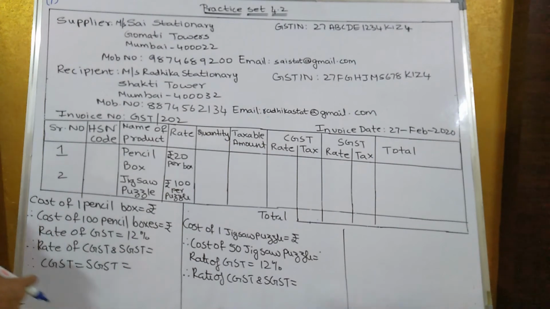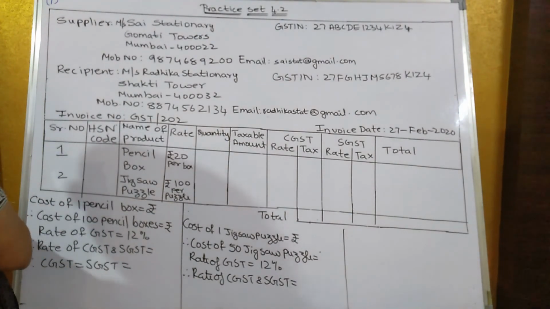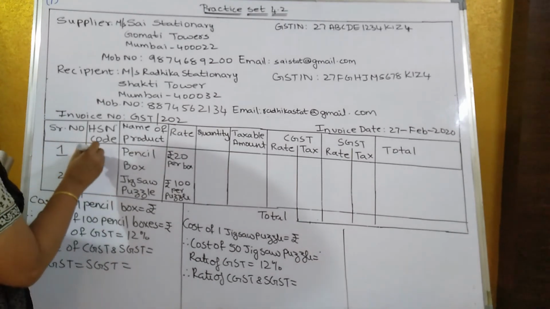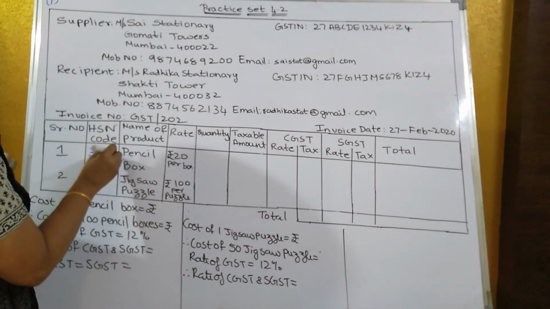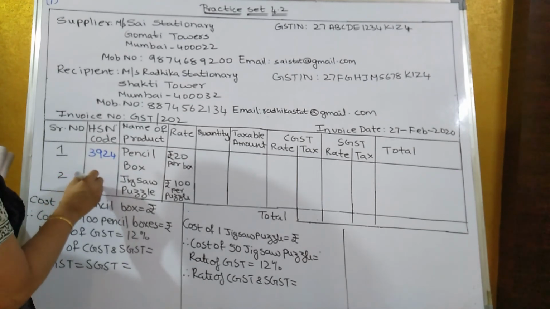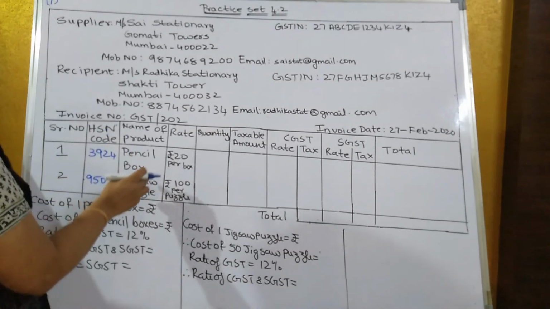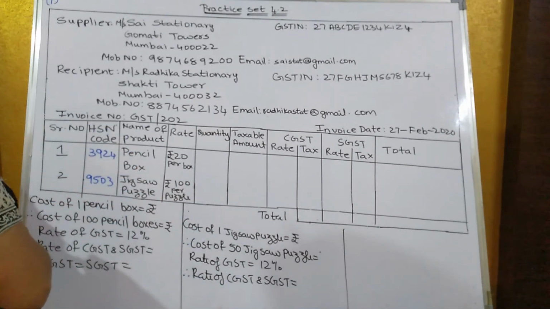Now HSN code, like the previous sum, the HSN code of the pencil box is 3924, and that of the jigsaw puzzle is 9503. The name of the product is pencil box and jigsaw puzzle, which the person has bought.